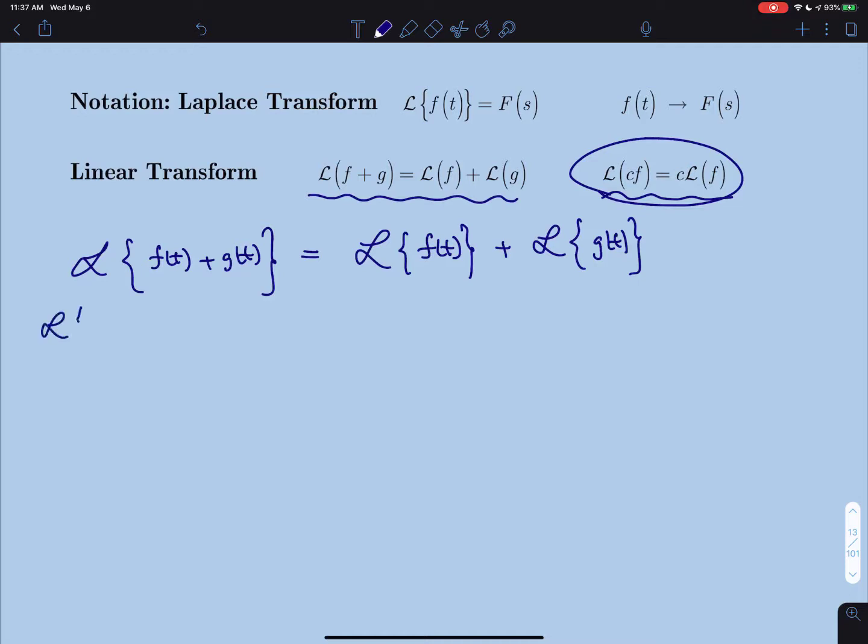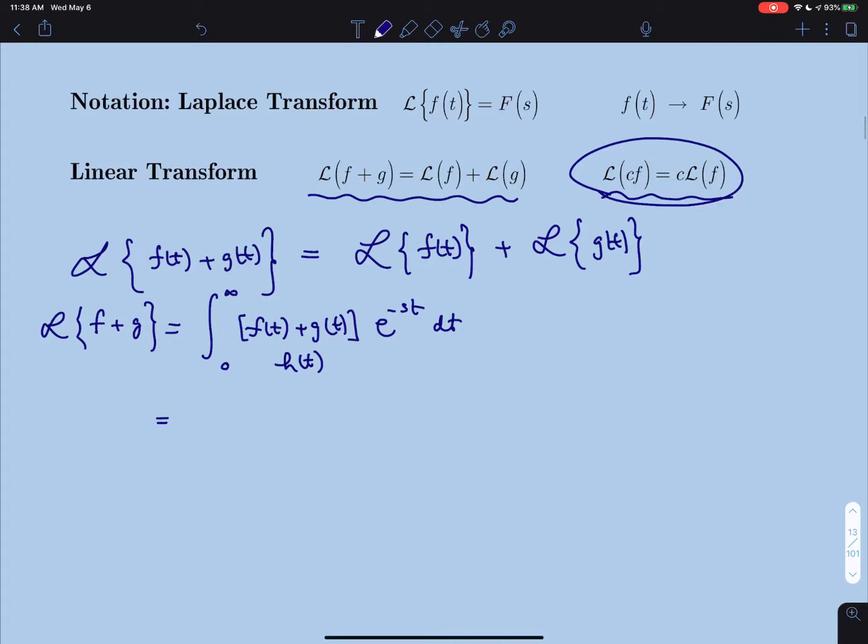So I'm going to prove that Laplace transform of f plus g is indeed Laplace transform of f plus Laplace transform of g. And in order to do that, just like you did the fundamental proofs of derivatives when you had learned it first, we always use the definition of a Laplace transform. So the Laplace transform of f plus g would be the integral from 0 to infinity of f of t plus g of t, which is now my main function, my h of t, times e to the minus st, which is my kernel, dt.